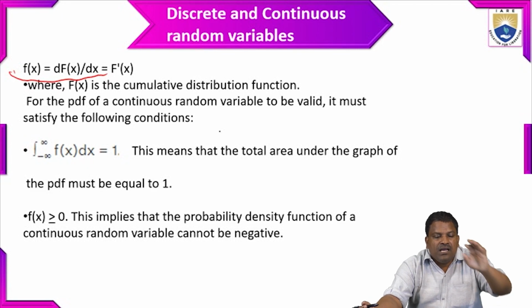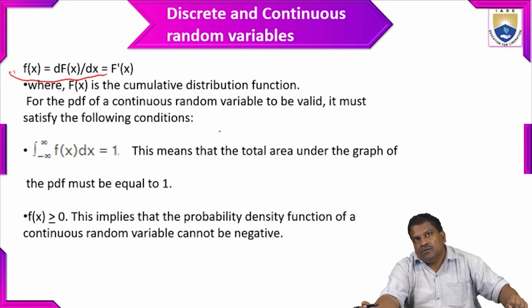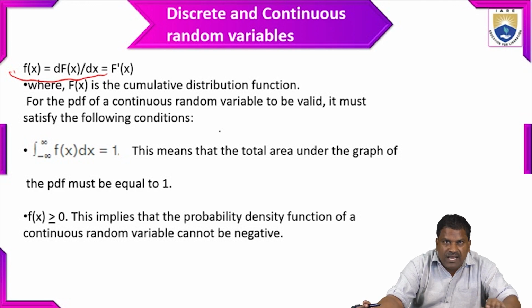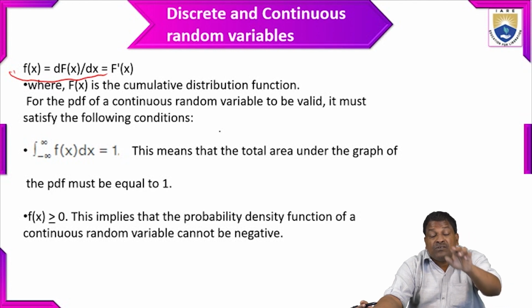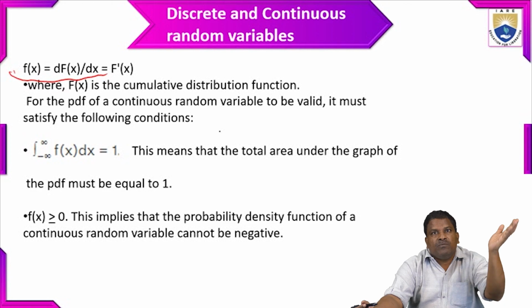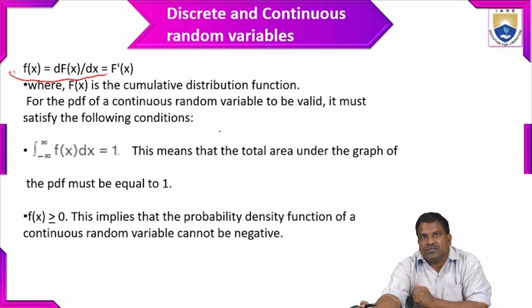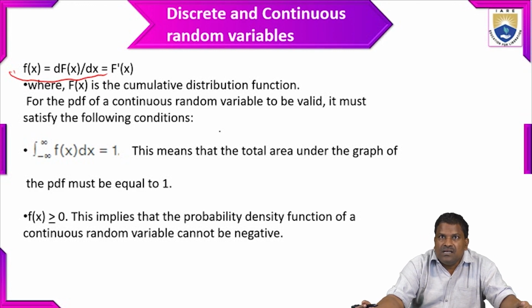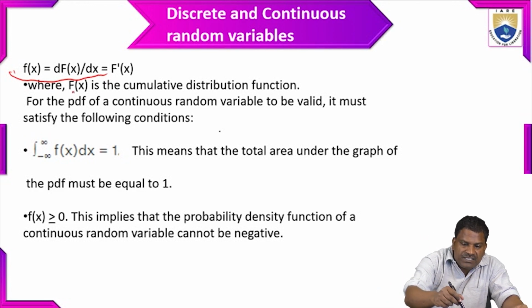Small f of x is the probability density function, and capital F of x is the cumulative distribution function. That's why we have to see the difference between the probability density function and the cumulative distribution function.